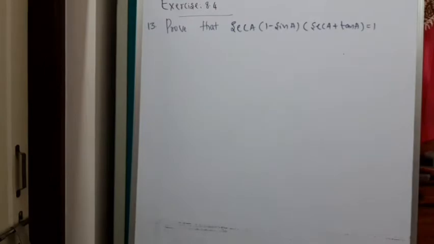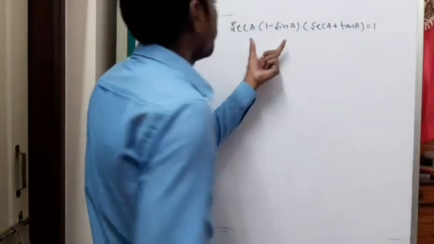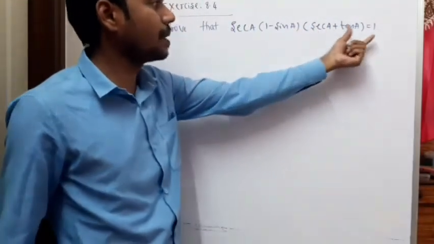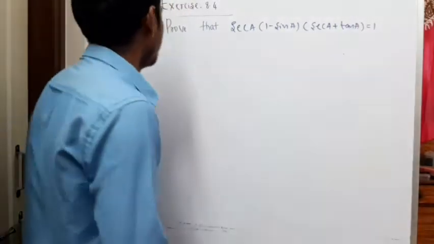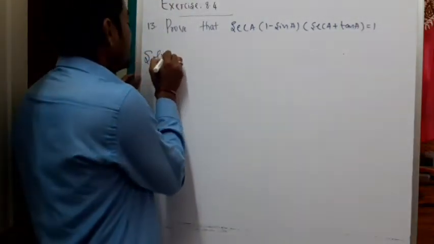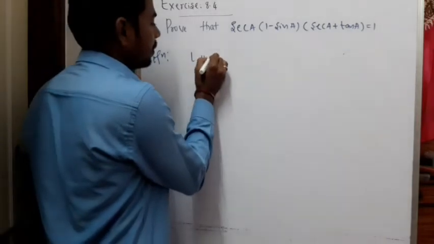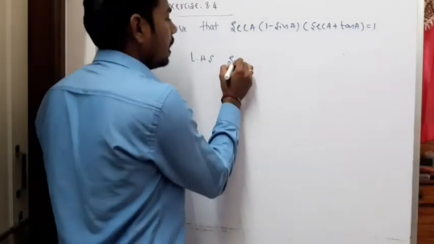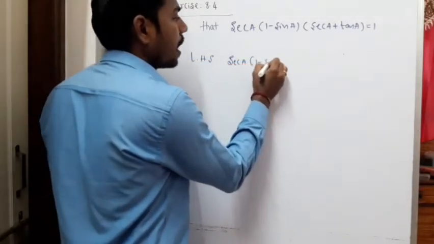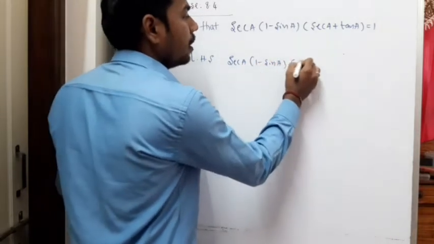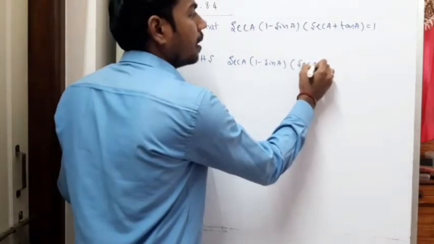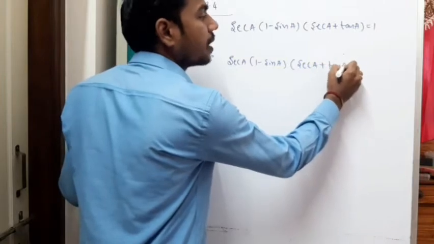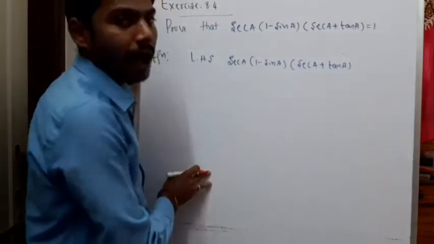Next, the 13th example. Prove that secant A into 1 minus sin A into secant A plus tan A is equal to 1. For that, see what we have. Consider LHS: secant A into 1 minus sin A into secant A plus tan A. We will prove this is equal to 1, which is RHS.